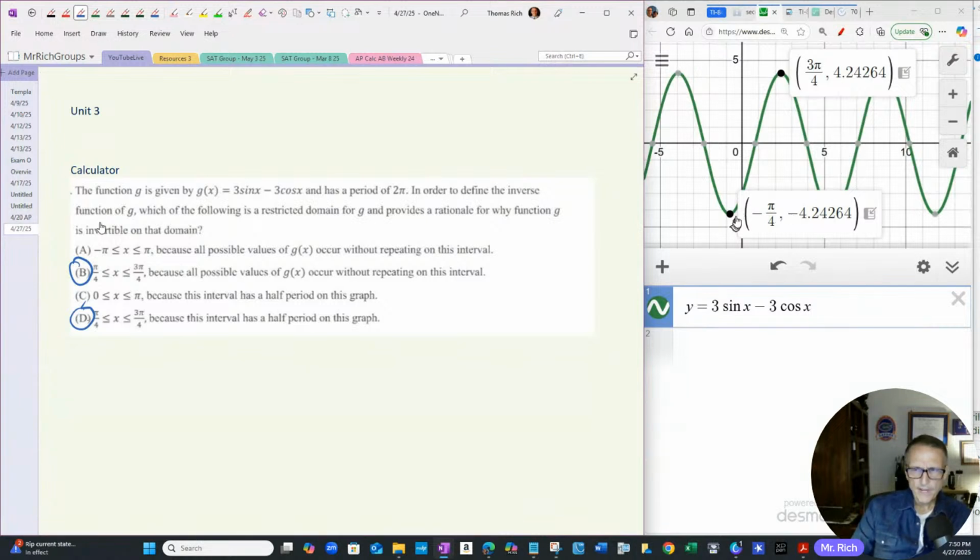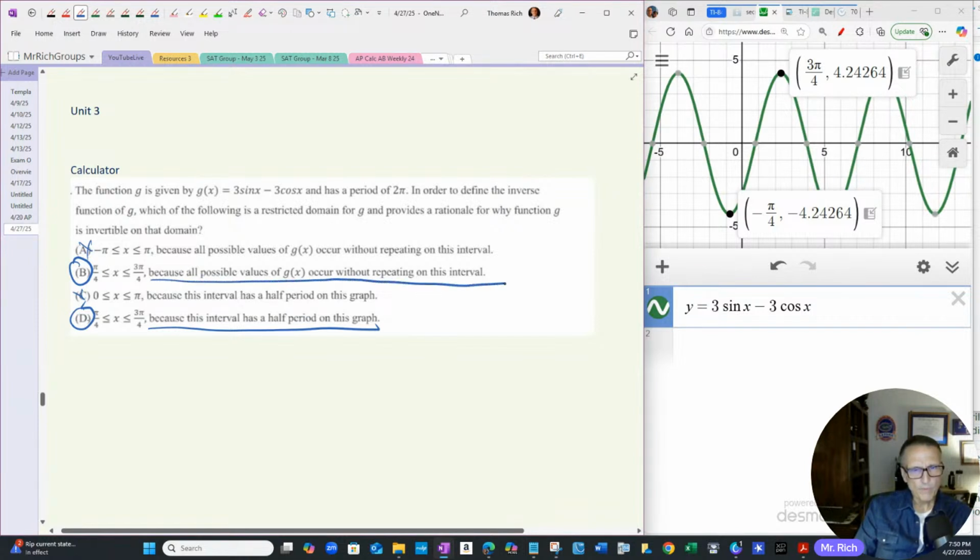The function does pass a horizontal line test, so therefore over that domain, it would be invertible. Now, about the -π, I'm not sure exactly where that's going to be. So I really don't like either of these answers at all. But what's the right reason? Because this interval has a half period, or because all possible values of g of x occur without repeating?